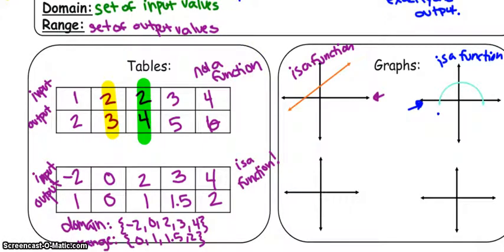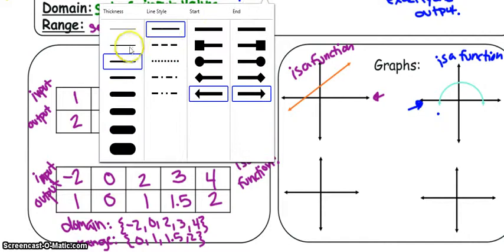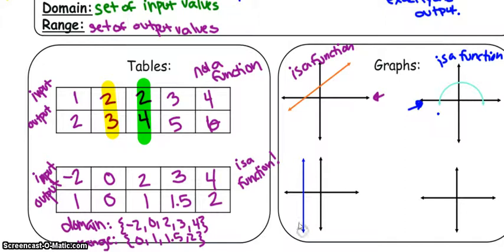Now, if we have a line, dark blue this time, that goes up and down, a vertical line. Now this vertical line, even though you might think it is a function, because it looks almost like this first one, this orange line I have up here, in fact it's not, because if we look at it, this is only one value of x, and for this one value of x, there's a ton of y's.